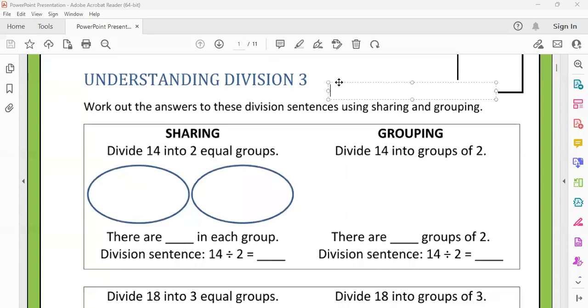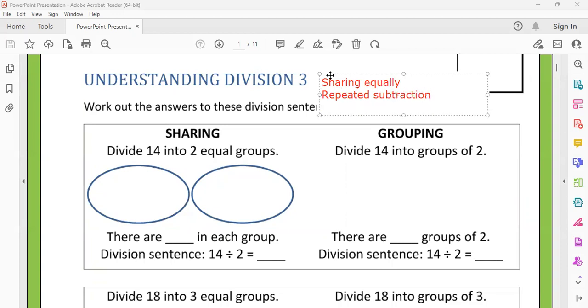Earlier during the class, many of you have given me terms or sentences regarding what you understood by division. Some of you said sharing equally. And then some of you said repeated subtraction, which is also correct. Division is repeated subtraction.